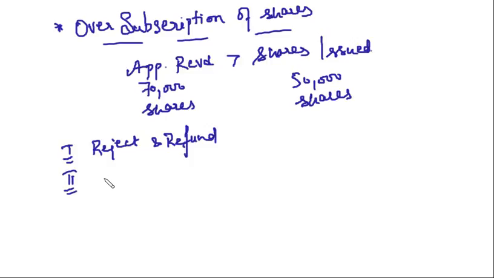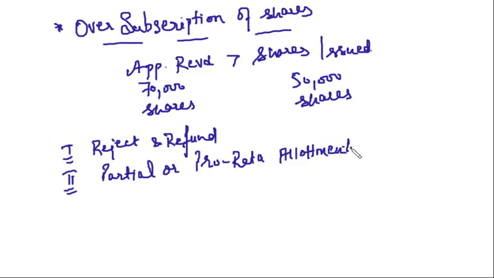Second was partial or pro rata allotment. In case of pro rata allotment, we do not reject applications. What we do is we partially allot shares according to the number of shares applied.